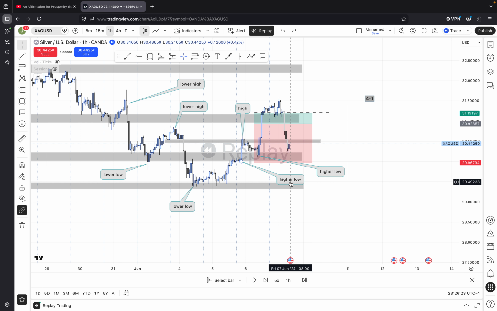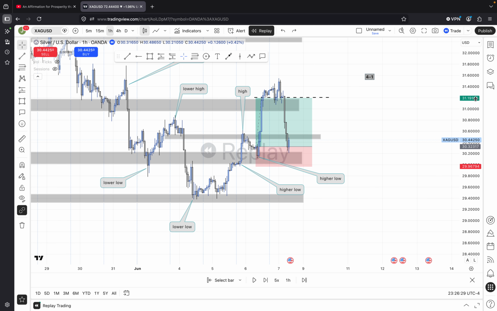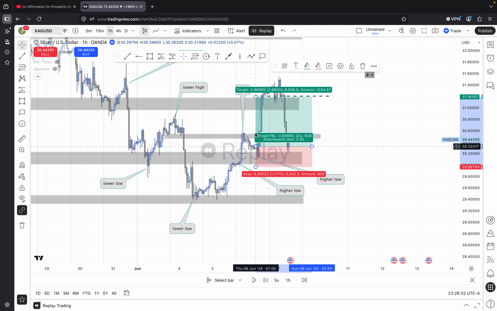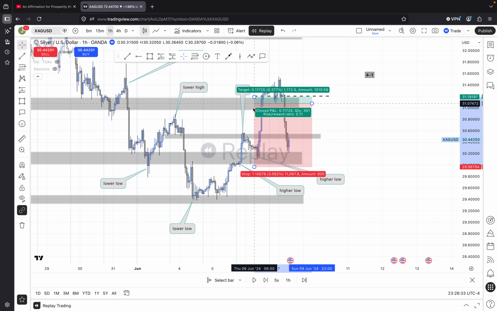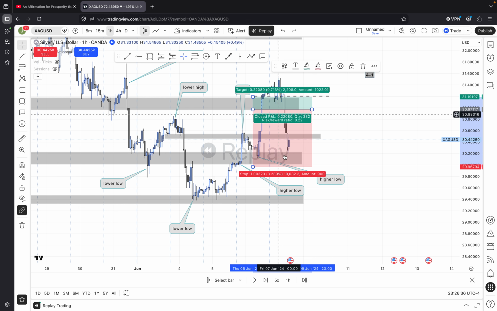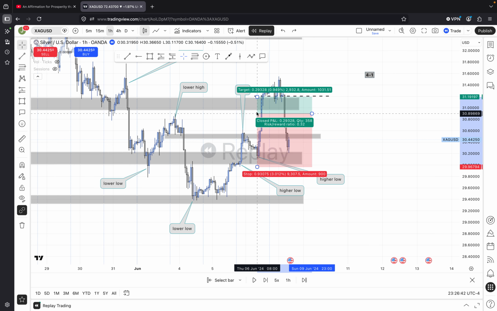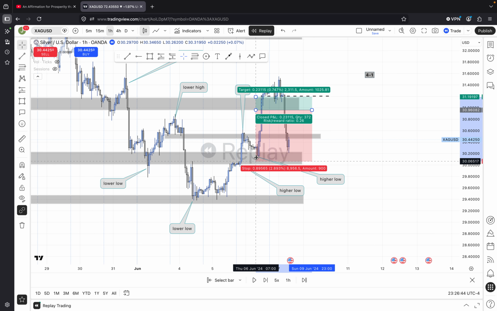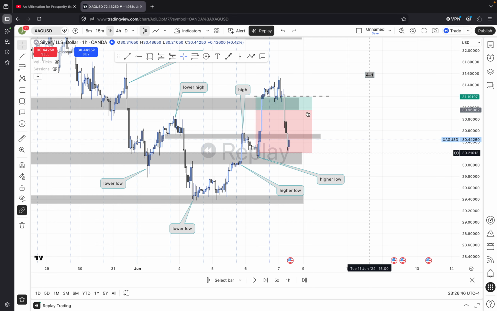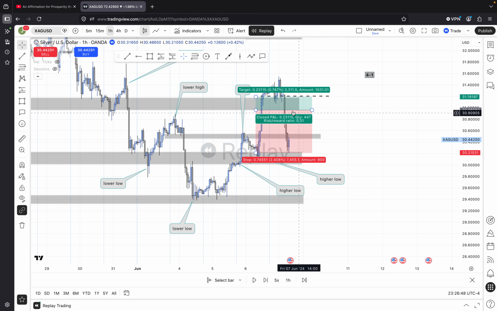So let me explain taking partials in this sense. You have made basically whatever this is, because originally your entry or your stop loss was back here. So basically from here to here, right? So this is what's remaining, and it stopped right here.